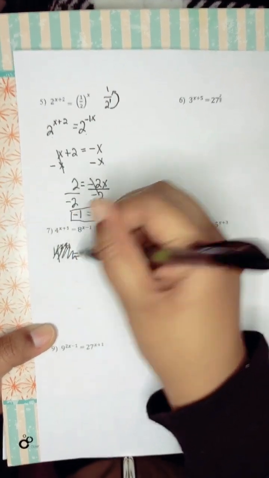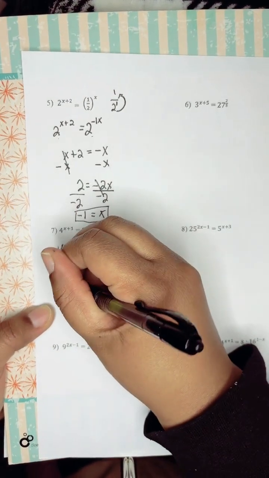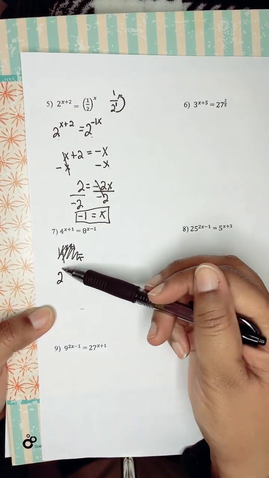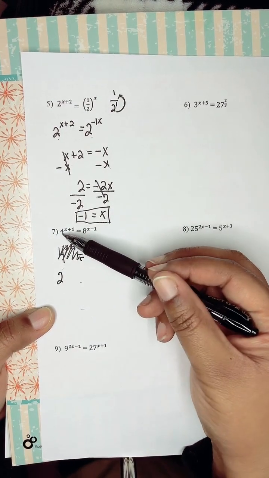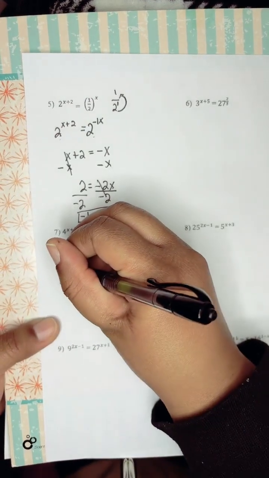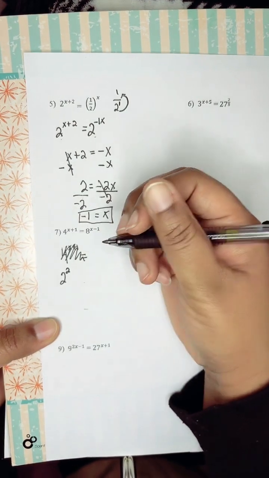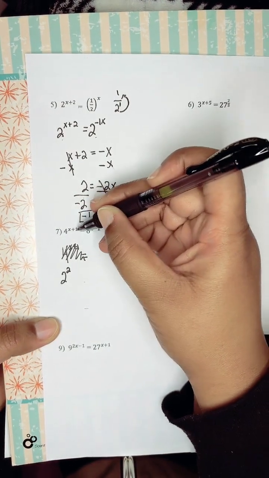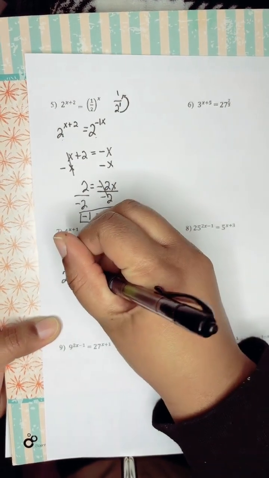So I have to go to base 2. So 2 to the what power is going to give me a 4? Hopefully you're saying 2. Remember, I have x plus 1 up here, so I have to use parentheses.